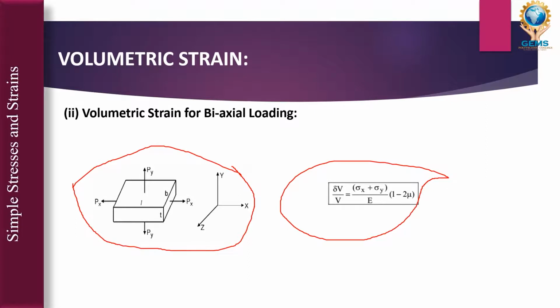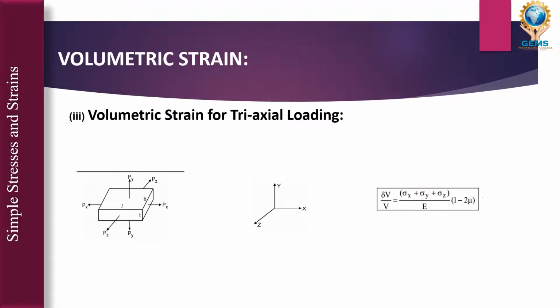Now we are going to see volumetric strain. What is volumetric strain? Change in volume divided by original volume. And we are now seeing the types of volumetric strain. First we saw volumetric strain for uniaxial loading, then for biaxial loading.